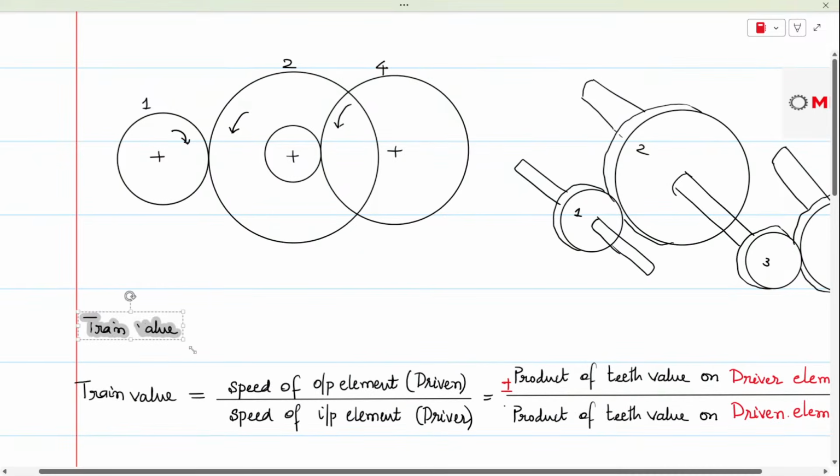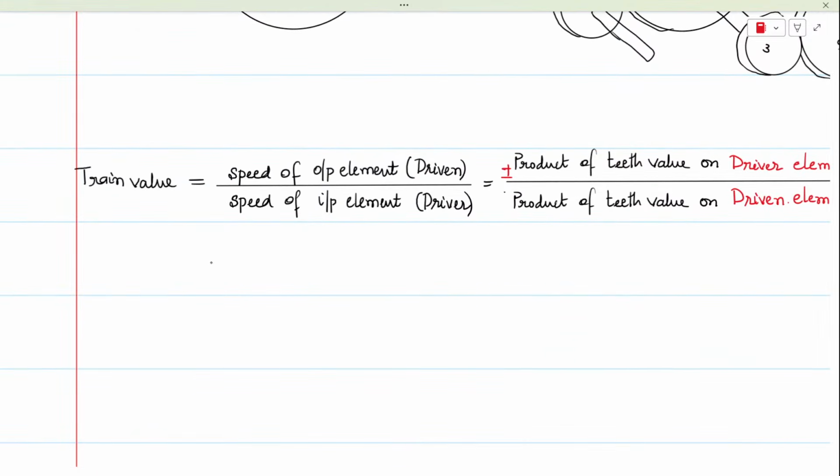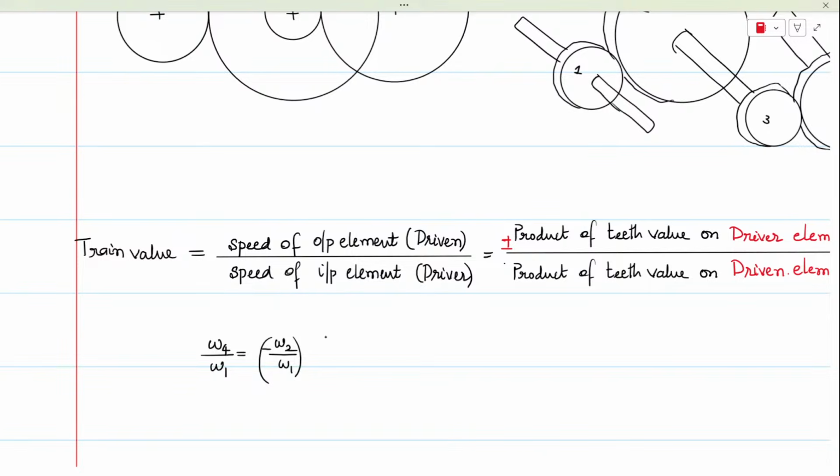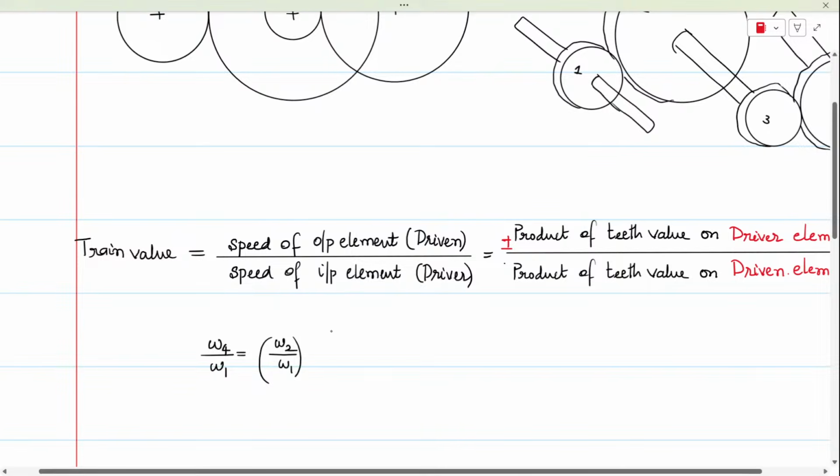So now we will take the combination of gear set, that is omega 4 will be output and omega 1 will be input. So now we take the combination of 1 and 2. So omega 2 by omega 1, 1 is the input and 2 is the output. They are externally geared, negative sign, we'll add it later.